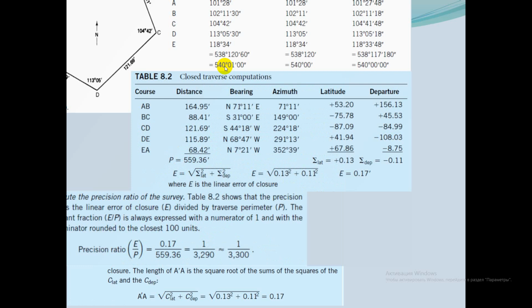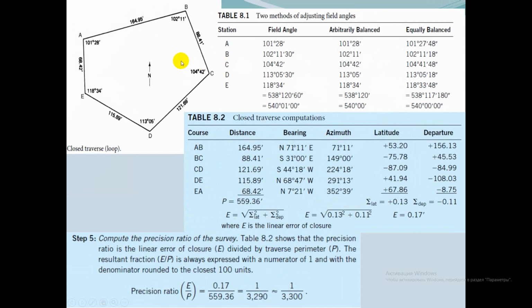The survey data shown on this figure are used for this illustrative example. Following are all the steps required to adjust the field data and perform the necessary computations. So, solution.